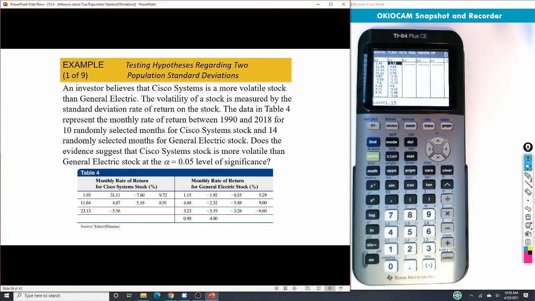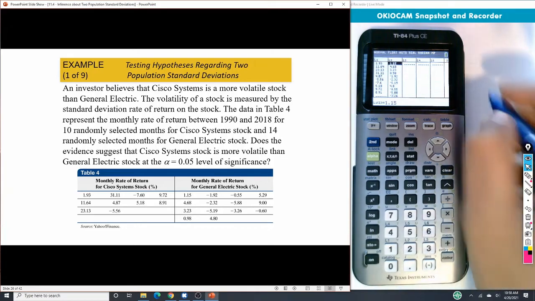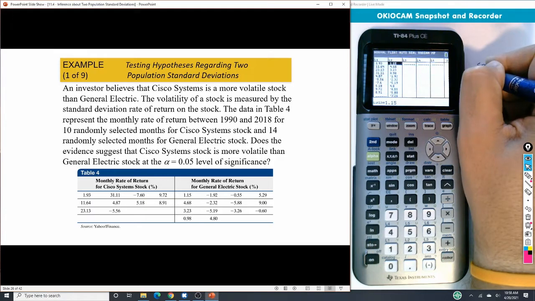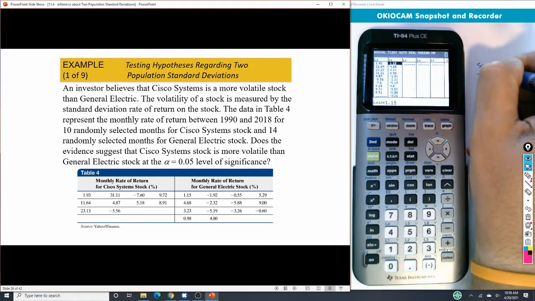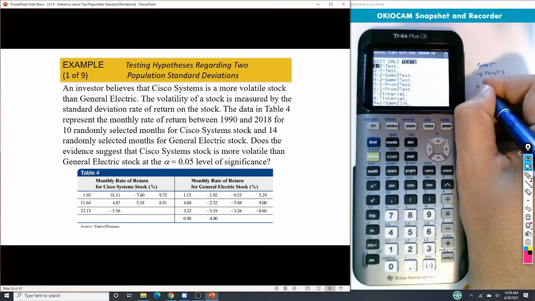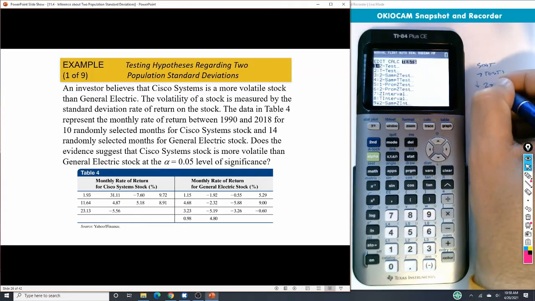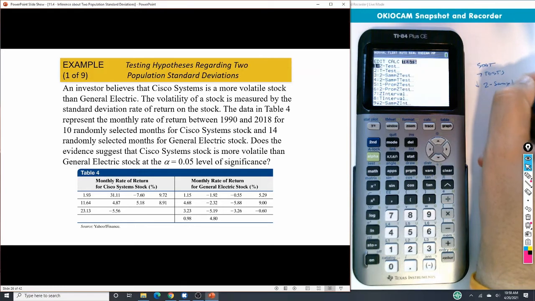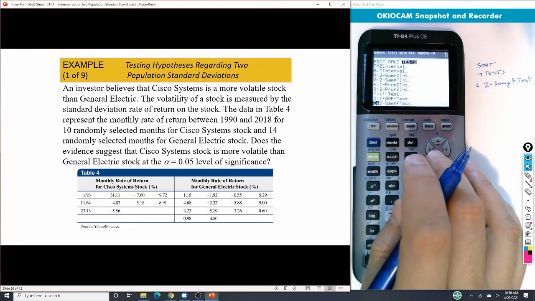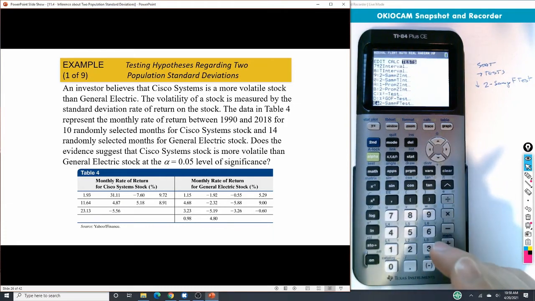So let's go ahead into the calculator and look at what we're going to need. We go into Stat and then over to Tests. Then we go down all the way until we find 2-SampFTest. It's a good ways down, so we take our time. So, 2-Sample F Test.